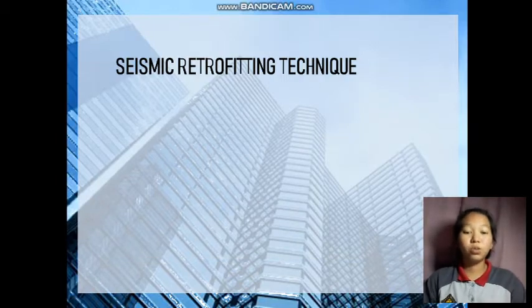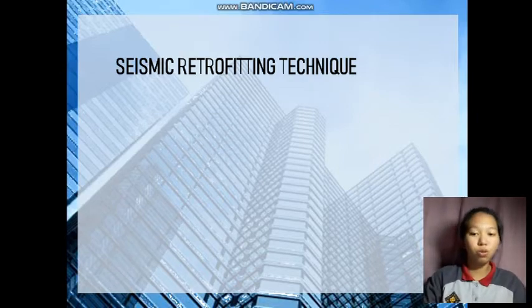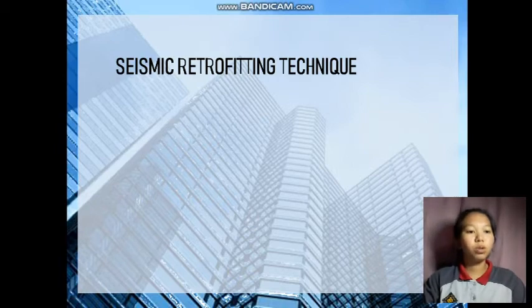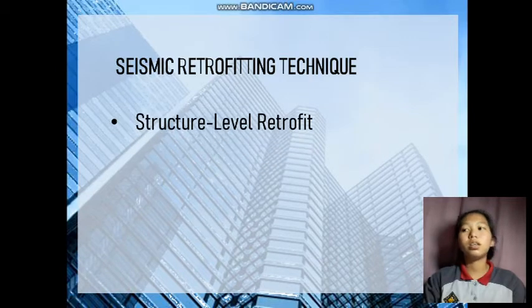So the next one is the seismic retrofitting technique. There are many seismic retrofit techniques available depending upon the various types and conditions of structure. So the first method is the structural level retrofit.